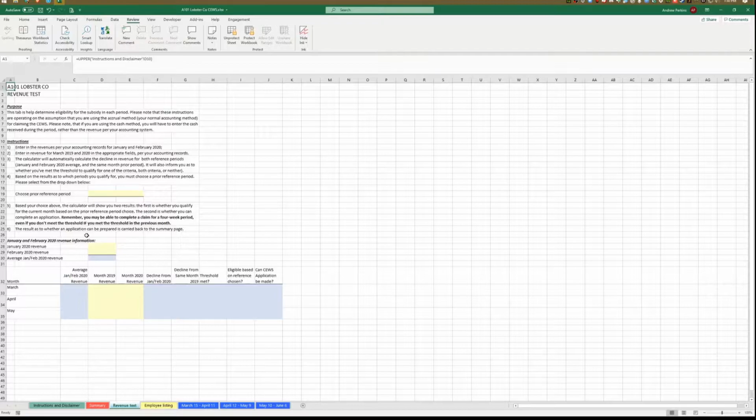You might choose the cash method if you have maybe a lot of sales, say, for example, in the month of March, but because of COVID-19 and the downturn, your collection was quite poor. So by opting to use the cash method, you may find yourself able to qualify in a month you otherwise wouldn't have.